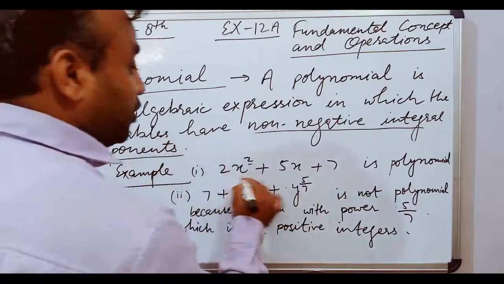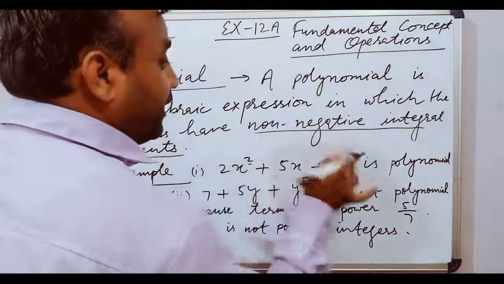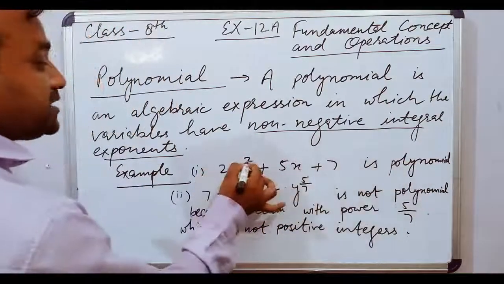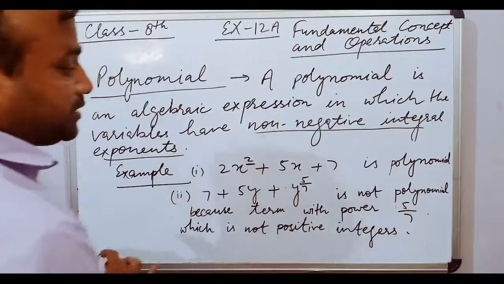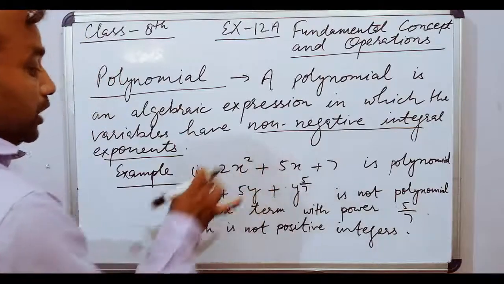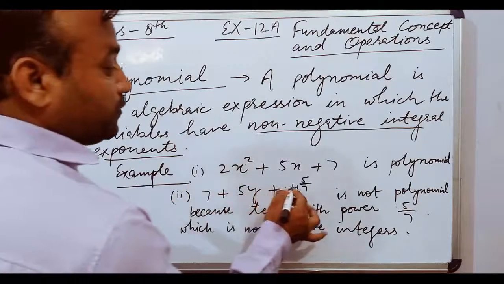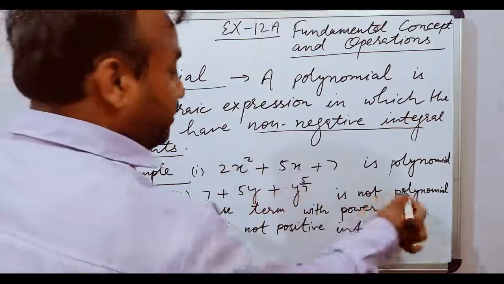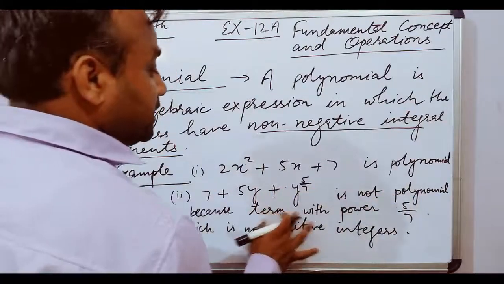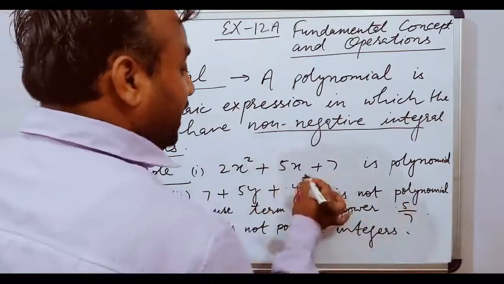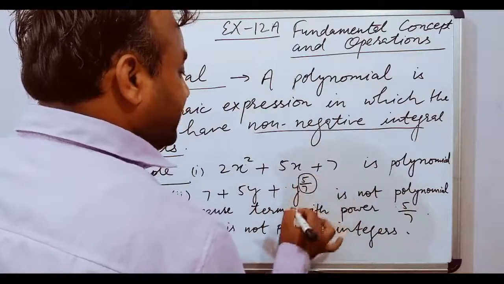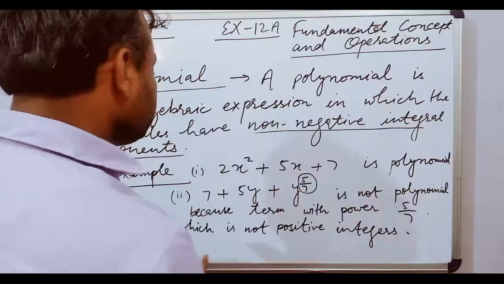And it is a polynomial. 2x square plus 5x plus 7 is a polynomial. Why? Because its power is the integer 2. 7 plus 5y plus y to the power 5 upon 7 is not a polynomial because the term has power 5 upon 7, and it is not a positive integer.